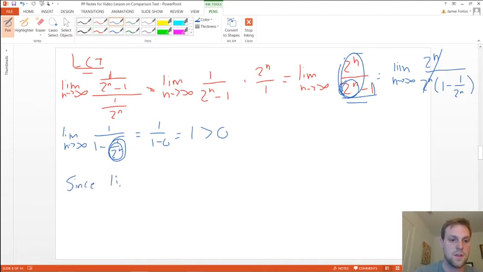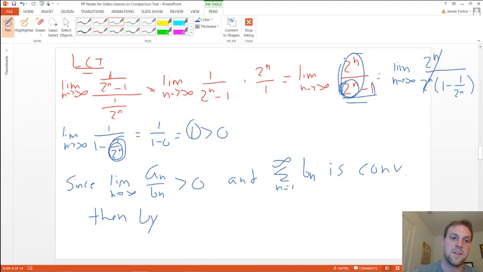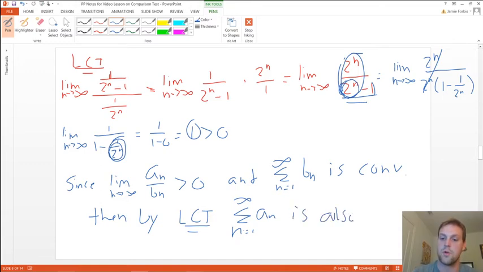Since the limit as n is approaching infinity of a sub n over b sub n is greater than 0, which in this case is equal to 1, and also I know that the summation of n equals 1 to infinity of b sub n, the one I created, is also convergent, then by the limit comparison test, which you probably want to write that whole thing out, I know that the summation n equals 1 to infinity of a sub n is also convergent.